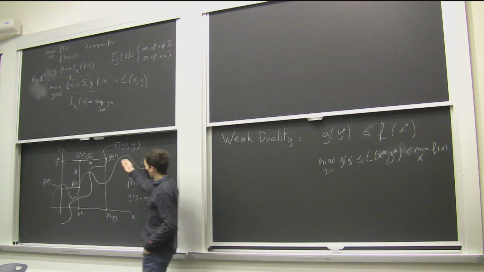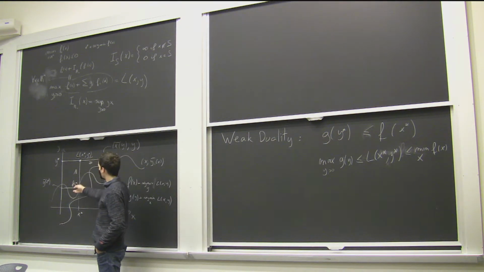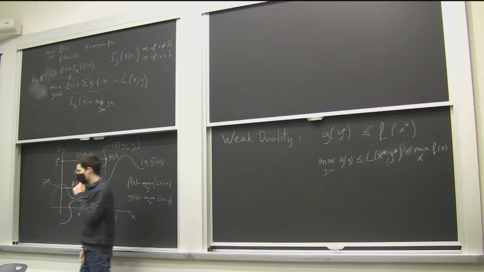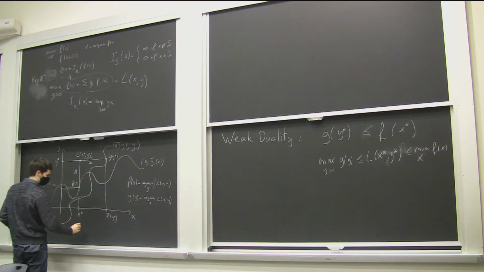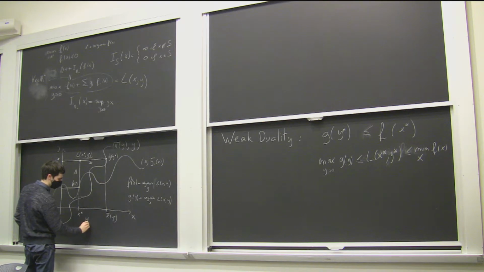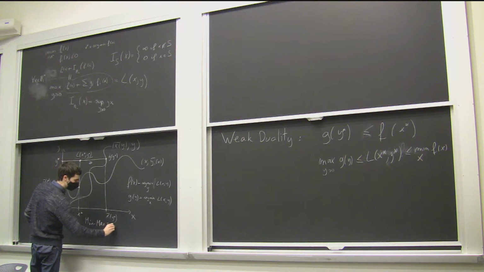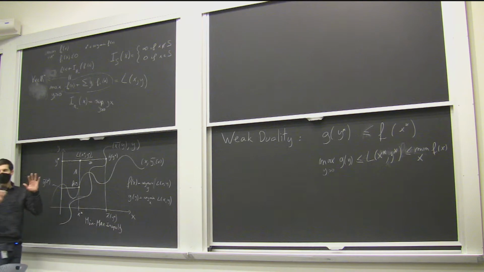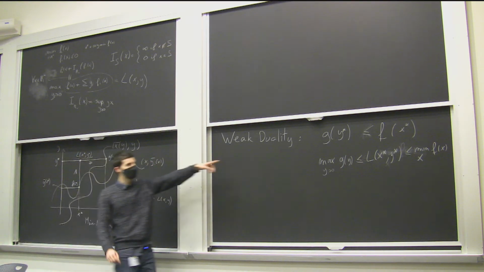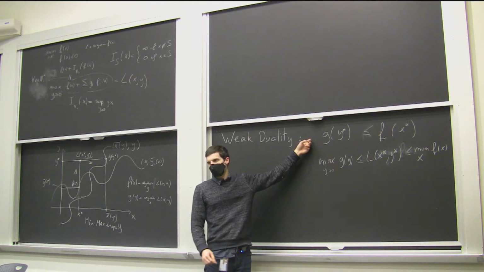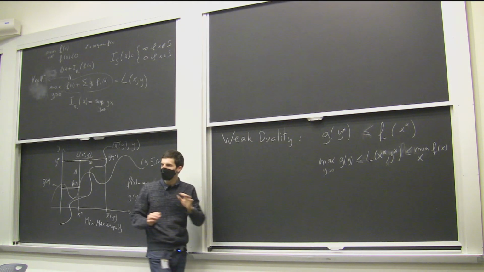So this is a complete proof of what is called the min-max inequality. In the context of any function L, this inequality is called the min-max inequality. In the context of optimization, we call it weak duality, but it's the same thing.